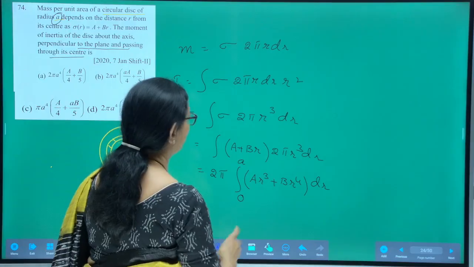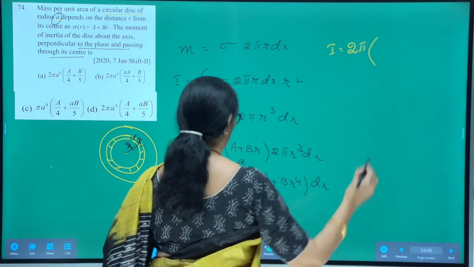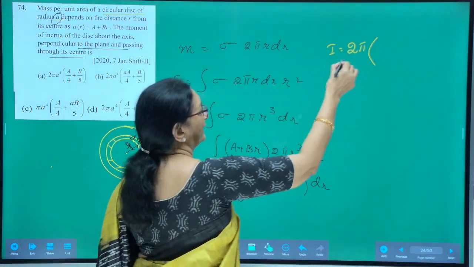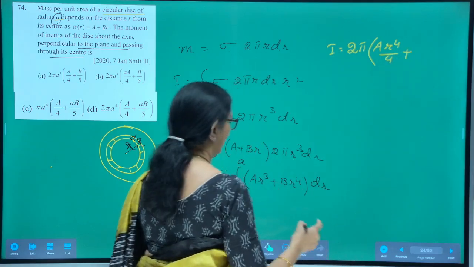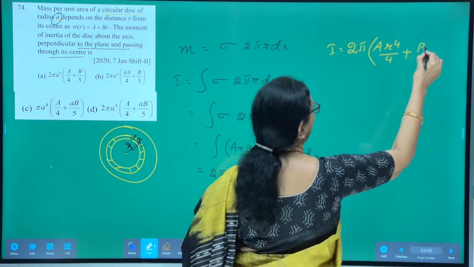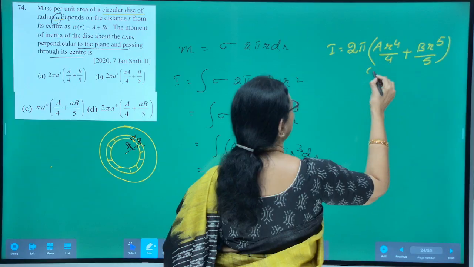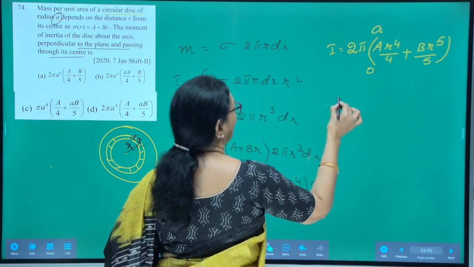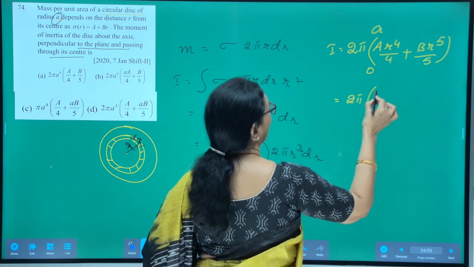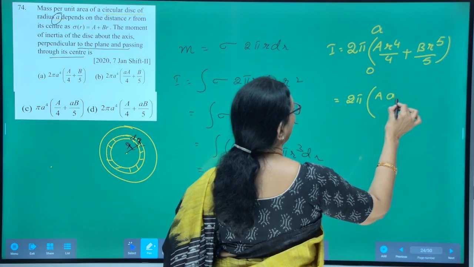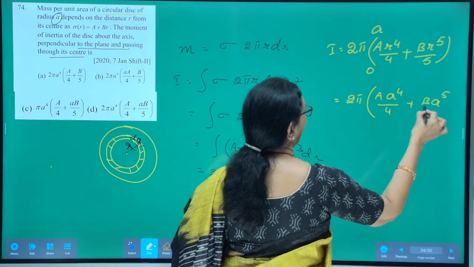So, integrate this. I is equal to 2 pi, taken as a common factor. a times the integral of r cube, r to the power of 4 by 4, plus b times the integral of r to the power of 4, r to the power of 5 by 5, and the limits are 0 to a. So, if you substitute the limits, 2 pi, a to the power of 4 by 4 plus b a to the power of 5 by 5.